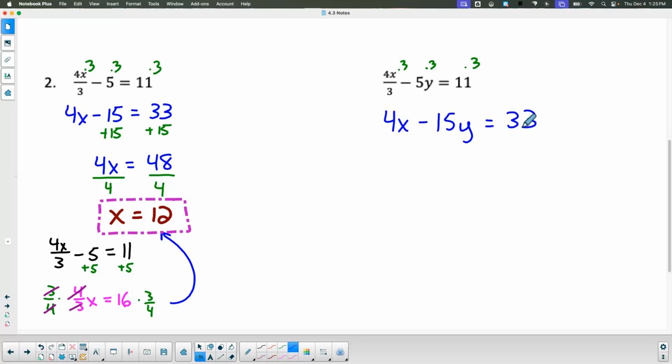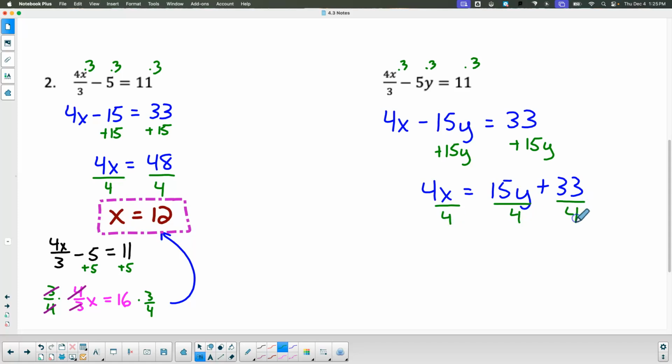Now add 15y. Then we get 4x equals 15y plus 33. Then divide everywhere by 4. X is going to be 15/4 y plus 33/4.